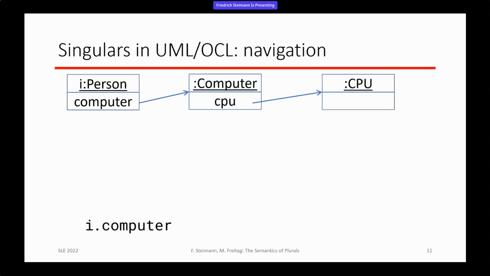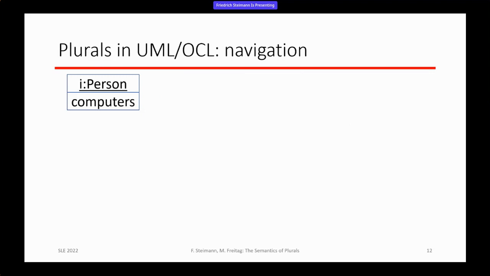And my computer has a CPU, and the navigation continues by just adding another dot and the name of the attribute of the computer. So that is a very easy expression, which gets me from myself to the CPU of my computer. And the nice thing about these modeling languages is that there's no difference in the navigation expression when I switch to plural.